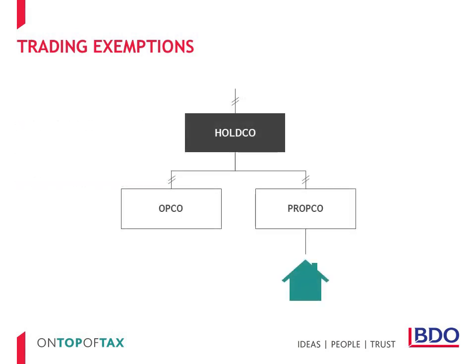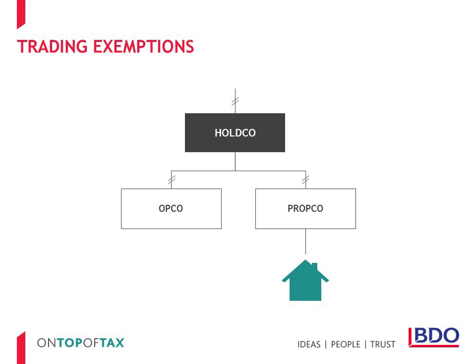This exemption was introduced with the aim of providing capital gains exemptions for so-called opco-propco structures, such as that depicted in this diagram, whereby property ownership and trading activities are segregated into separate structures. This structure is common with particular asset classes such as hotels and student accommodation.